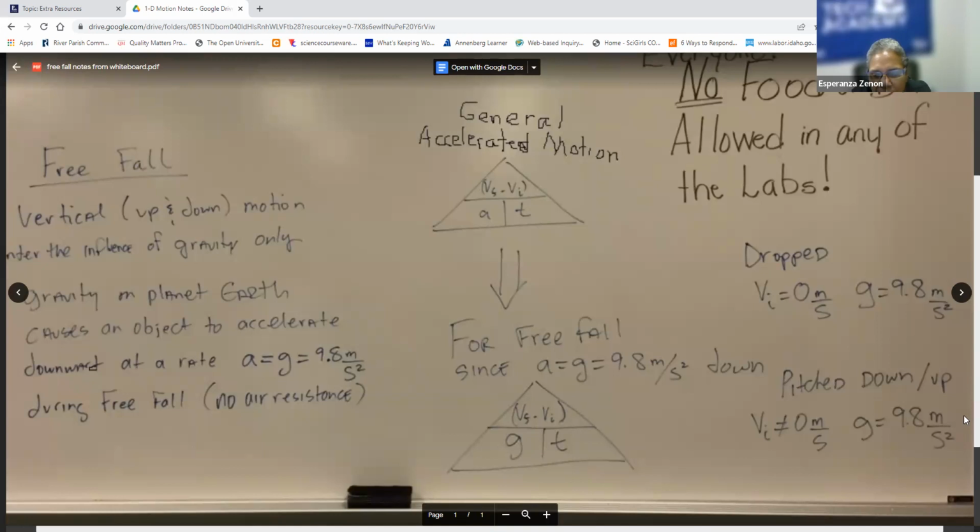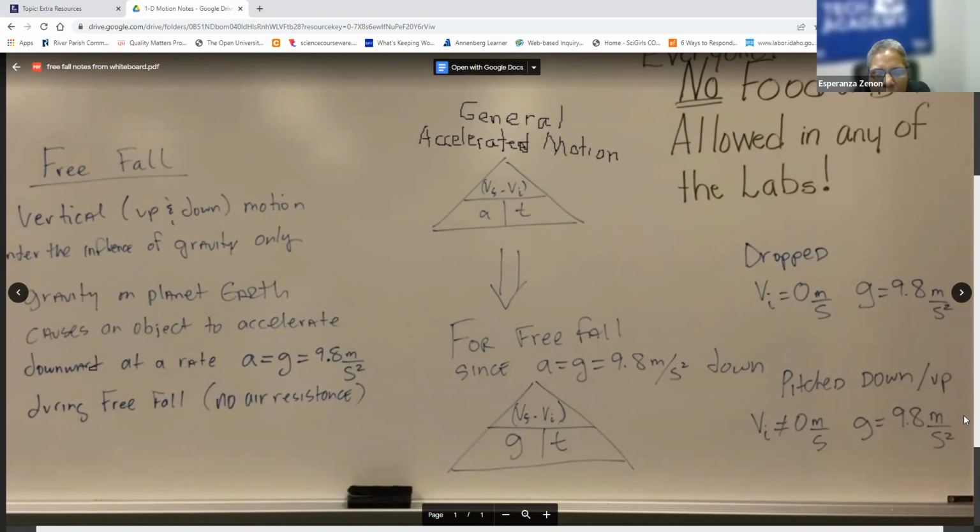So free fall, constant acceleration under the influence of gravity, 9.8 meters per second squared. What if I take the object and I pitch it down or throw it up? I pitch it straight down or I throw it straight up. In that particular instance, students first want to talk about force.